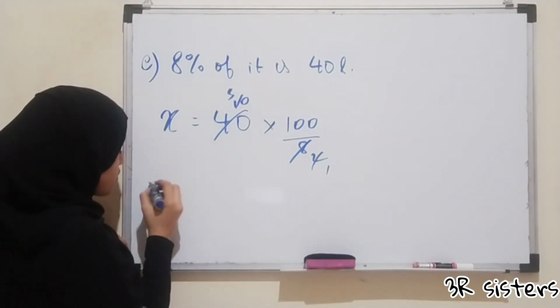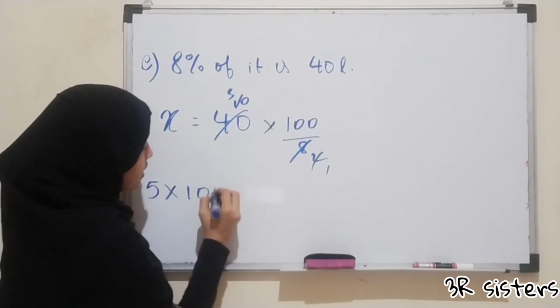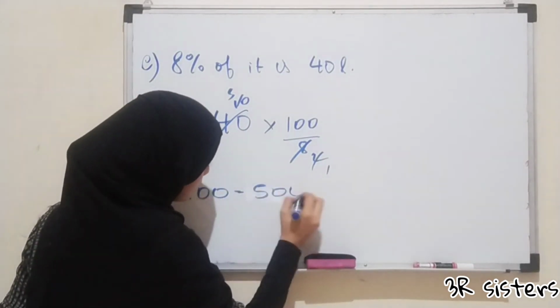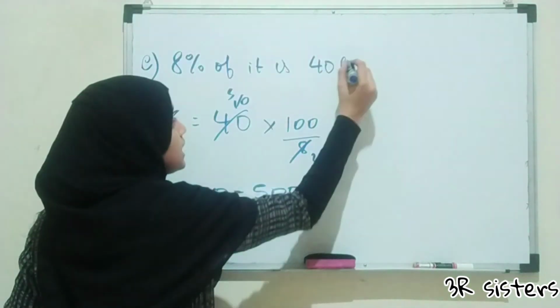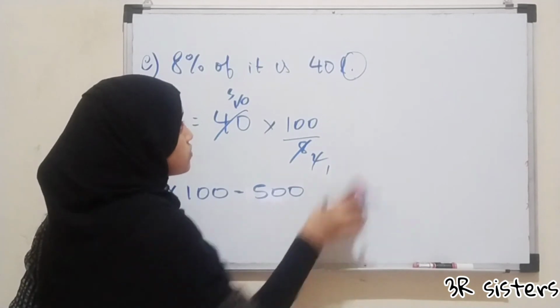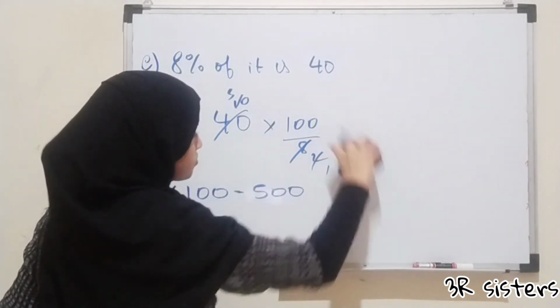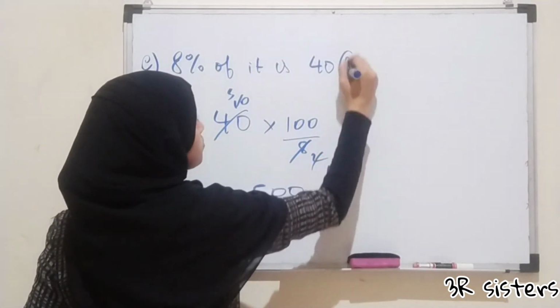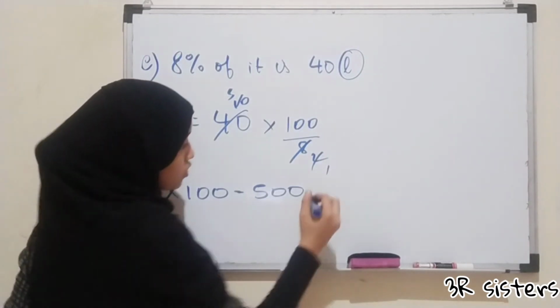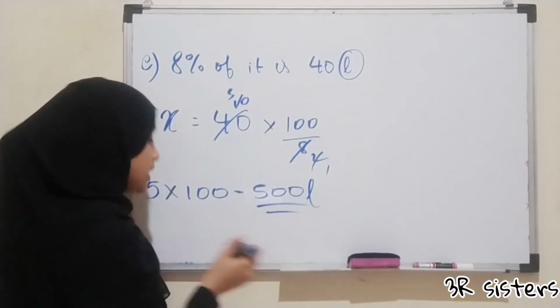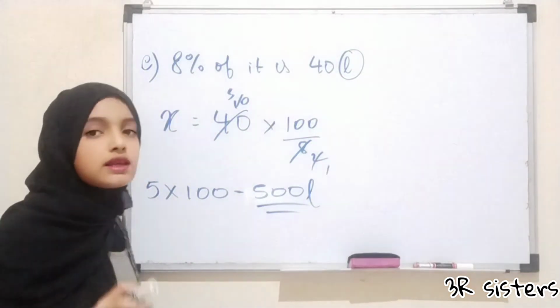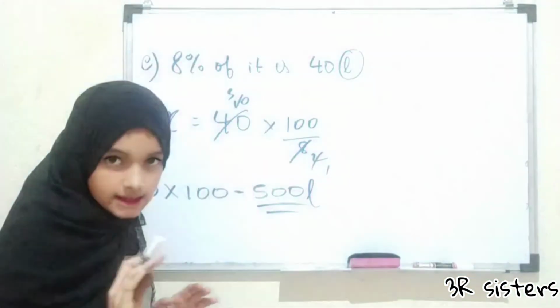Okay, so 5 into 100 is equal to 500 and what? 500 what? In the question, it is 40 liter. So here also liter. This is our answer. Now we'll write the answer in a sentence form.